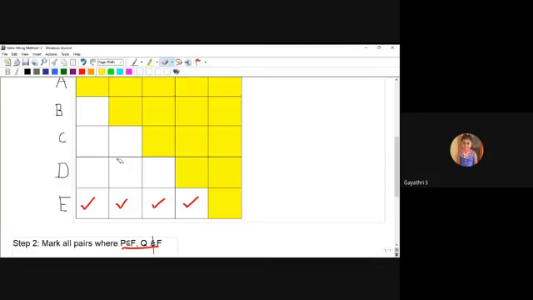Del means transition. If it is marked, then mark P comma Q, where X is an input symbol. Actually, this is step 3.